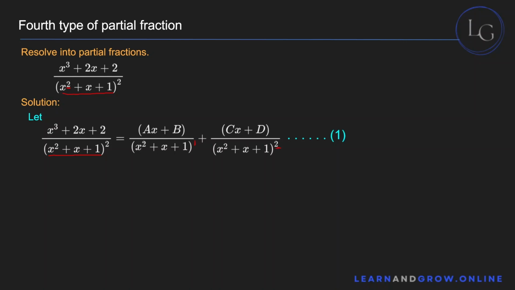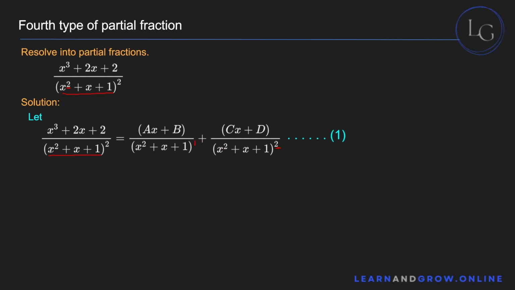As you know, in the second type of partial fraction resolution, this is what you did. You basically had an entire expression inside a certain power bracket. Over here, that's a square bracket. So you'll have partial fractions with denominators in increasing powers of this same expression.